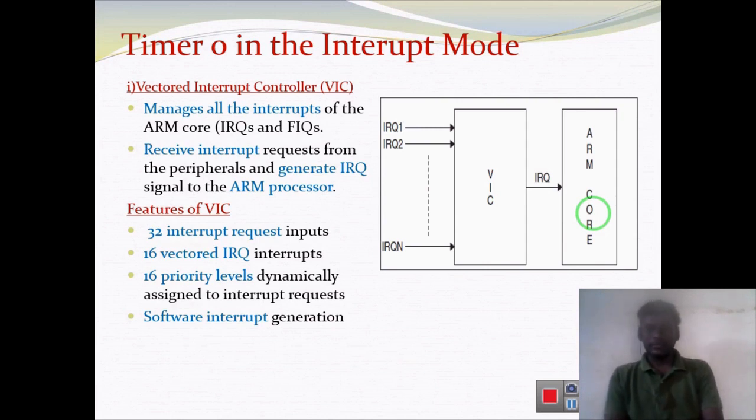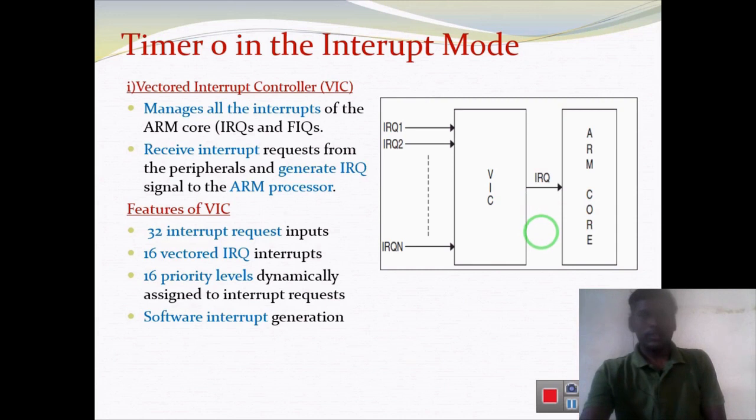As for certain features of the VIC, 32 interrupt requests can be received, and it allows a maximum of 16 priority levels. These are assigned based on the interrupt nature. Based on software, it is also possible to generate an interrupt request. Okay students, thank you.